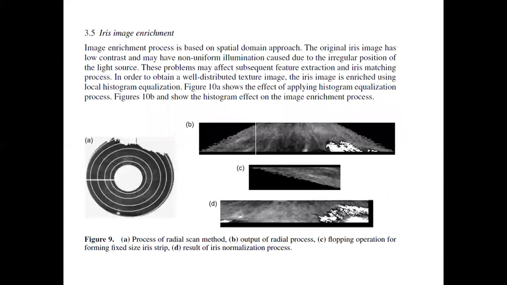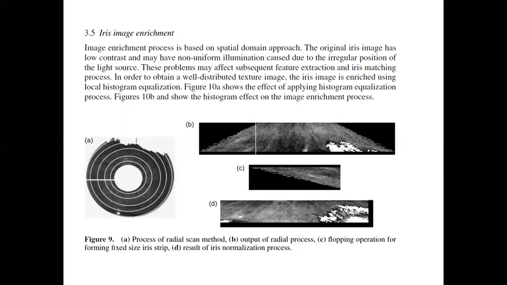Once the normalization process has been completed, the image enrichment process is based on the spatial domain approach. Image enrichment. Why do we need enrichment? After the normalization process, the pixel values are not suitable for the feature extraction process.